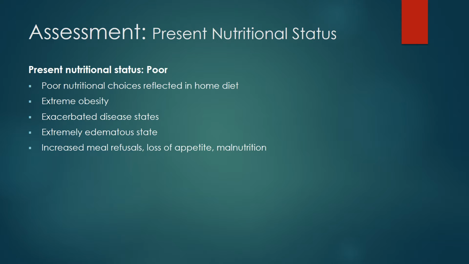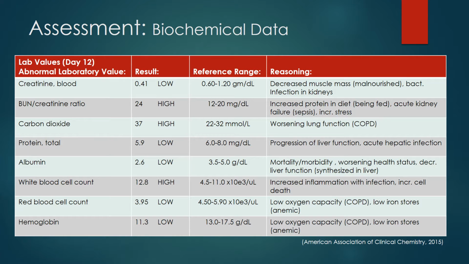There were lots and lots of meals, loss of appetite, malnutrition was pretty prevalent at the point in her stay when we saw her, and then continued until she was basically extubated and maintaining enteral nutrition status at her goal rate.